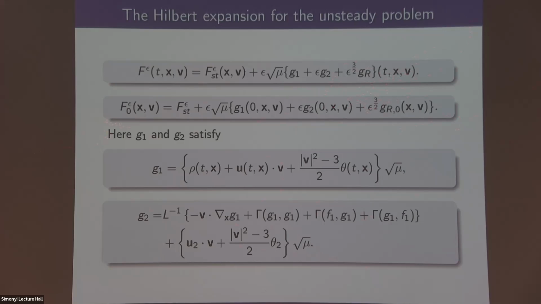So then you have the initial data as written here for the dynamic problem, and then G1 again will give you the fluid variables, and G2 will be defined by an inverse. But now as a linear operator, you also have F1 showing up from the steady problem when you invert the L operator in G3.